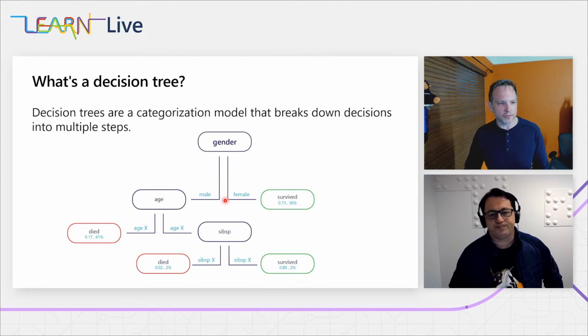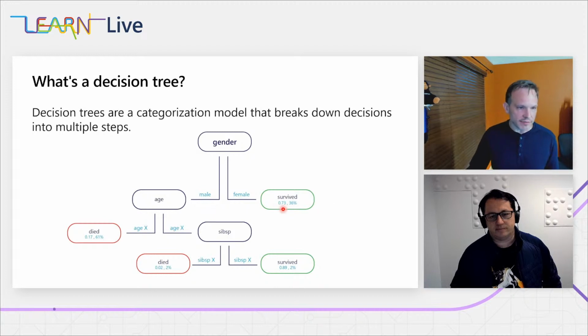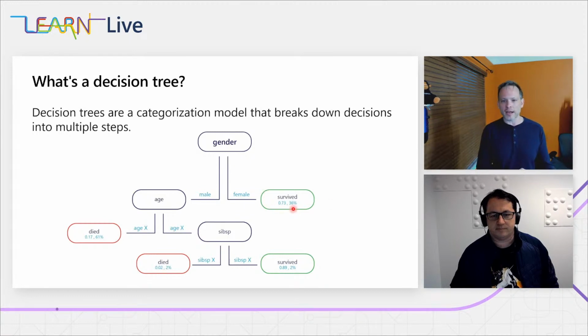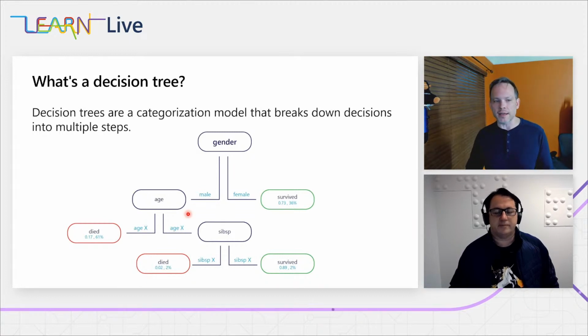And if I split on the gender field, I'm going to have one bucket that has, I think, 73% survival, and another bucket that still needs to be further segmented in order to get to the ratio that we're looking for, the cleanliness, I guess, is a way to put it. And by cleanliness, I mean we're trying to get buckets that are separate, where one bucket has survived and the other bucket has died, and then we can trace the flow chart to see what decisions were made.